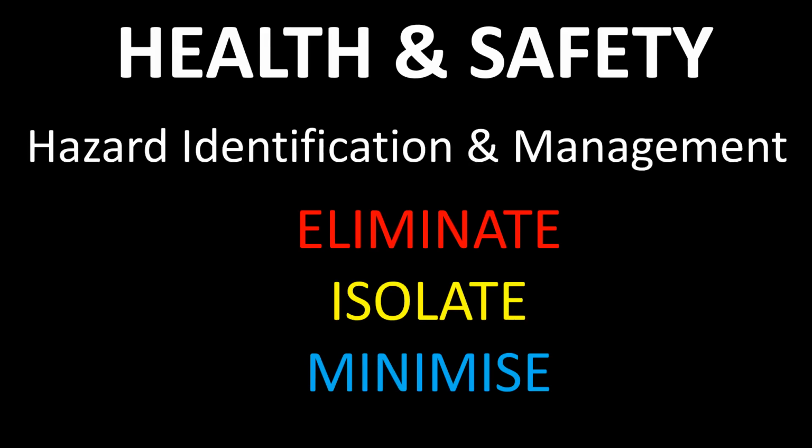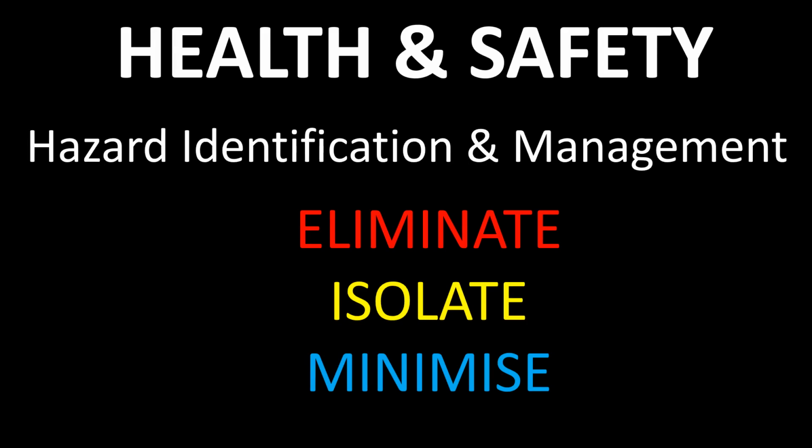If we're working sometimes in a hazardous area, such as a petroleum installation or something like that, we have to do what we can. We can't make the hazard go away. We've got to work in the area. We can do things to isolate ourselves from the hazard.